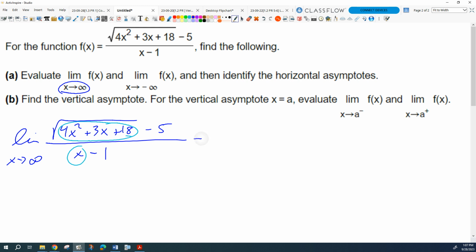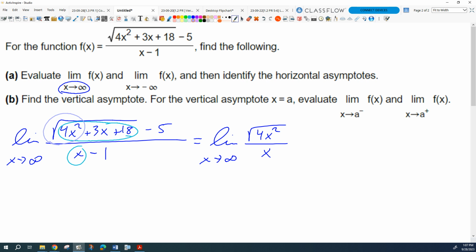So we could trade this for a much simpler limit. It's going to be the limit of the square root of 4x squared divided by x. Right? Everybody see that? And how do we get that? Well, really, we're just looking at this part. That's the part that's going to dominate, right? Okay, let's simplify the square root of 4x squared. What does that become?